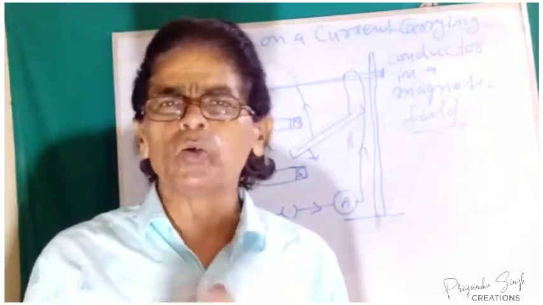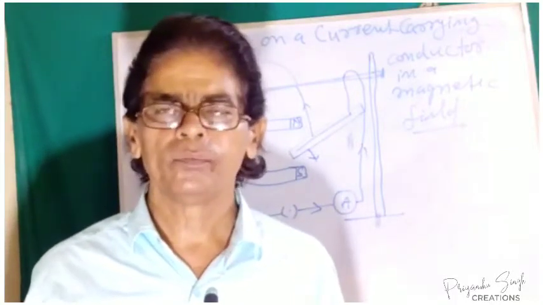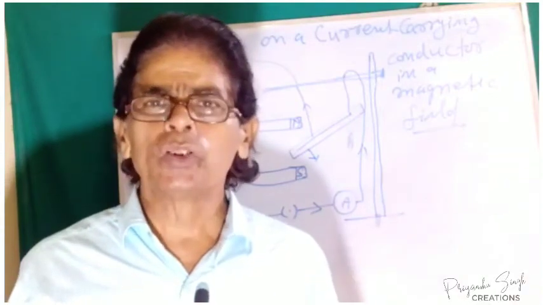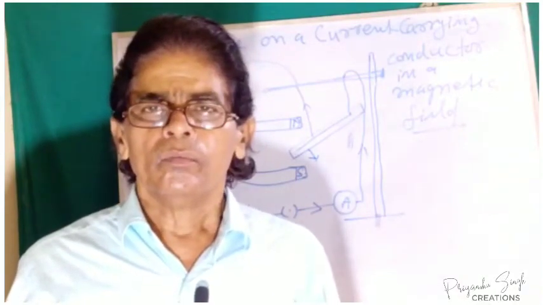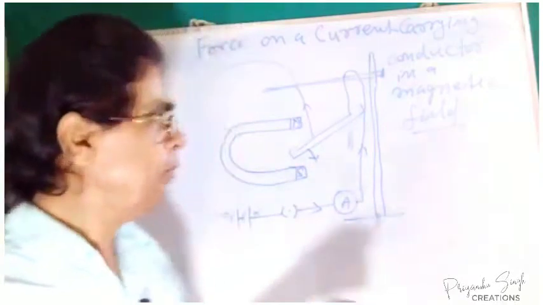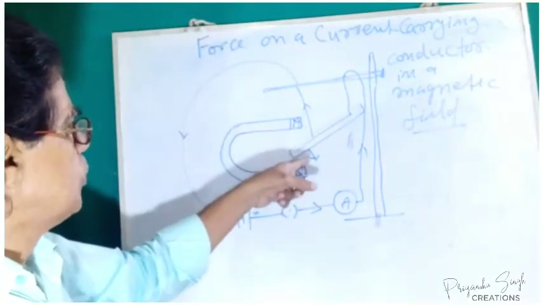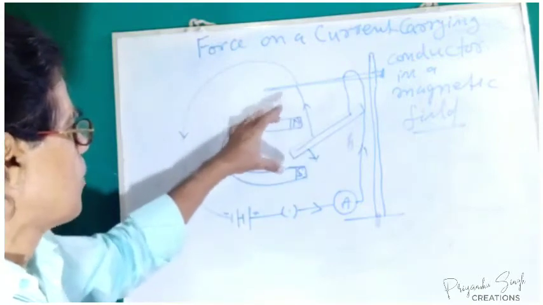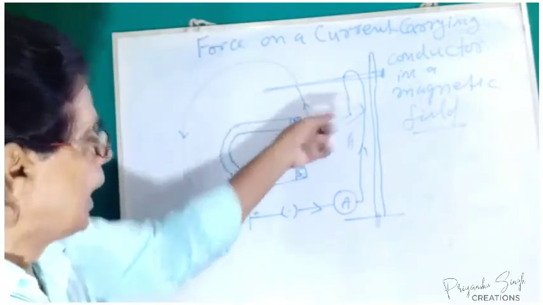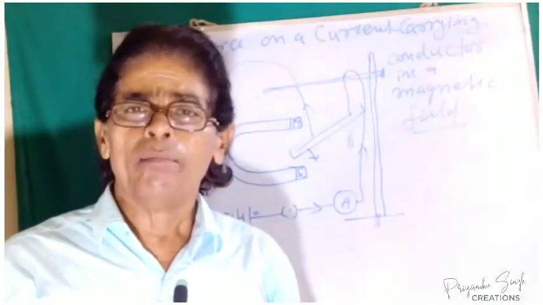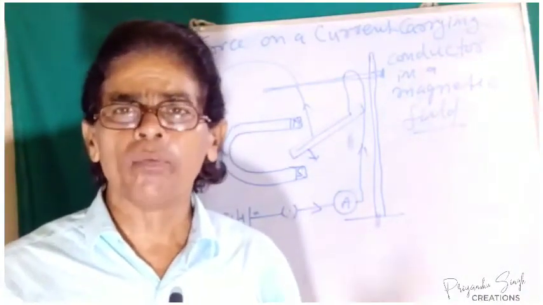What is the use of this effect? We will use this magnetic effect, the force generated due to the electromagnet and the permanent magnet on the current carrying conductor, by which a mechanical movement is observed.